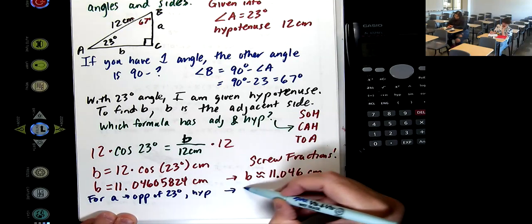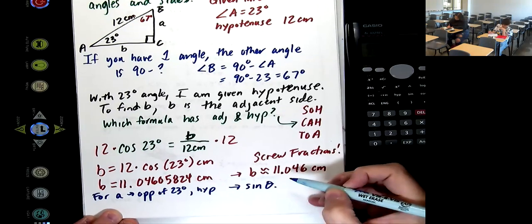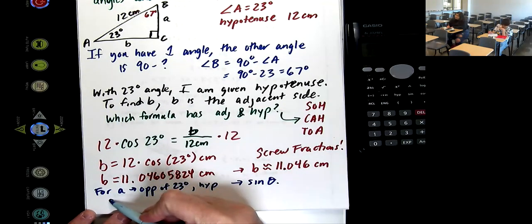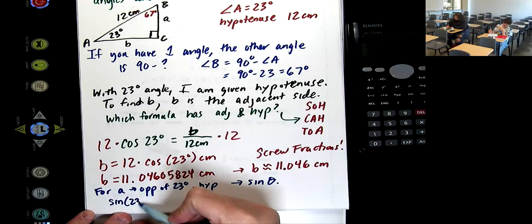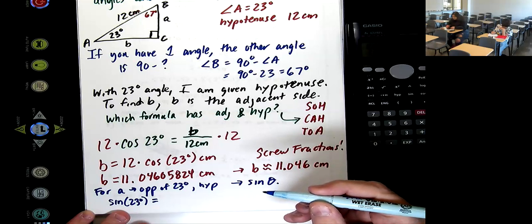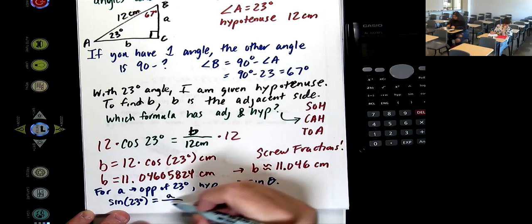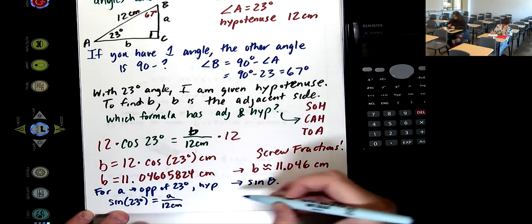Opposite and hypotenuse go with sine. So we're going to go sine of 23 degrees equals opposite, which is A, over hypotenuse, which is the 12 centimeters.